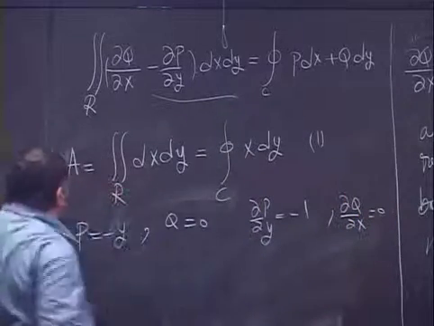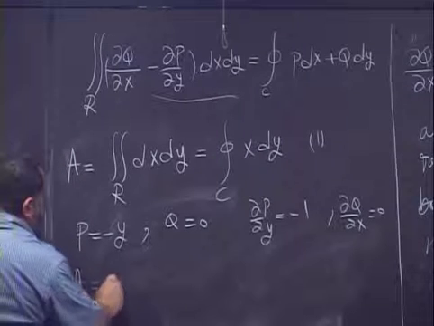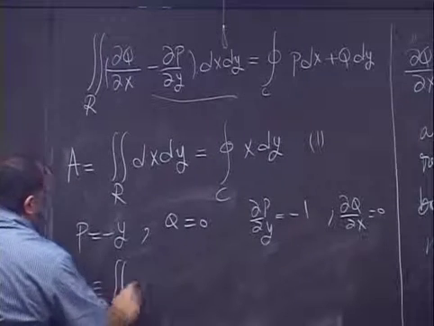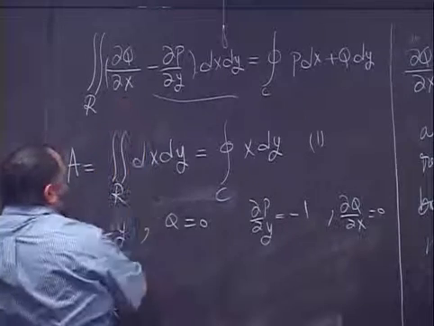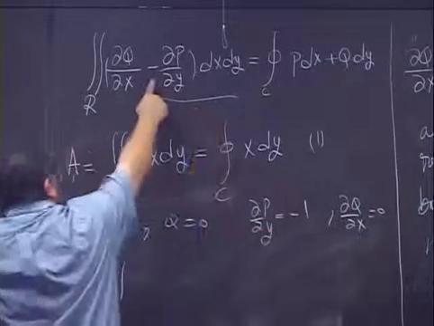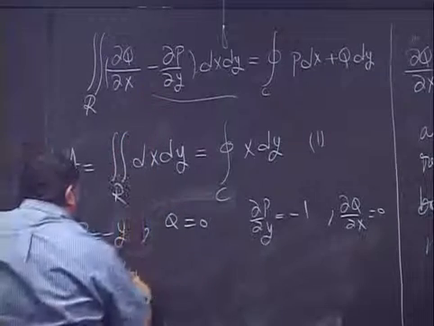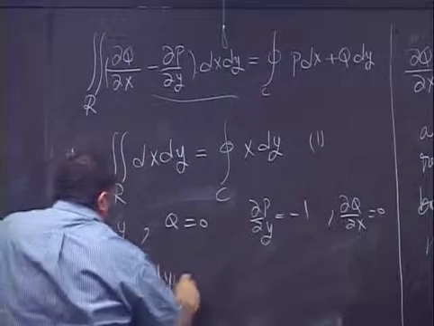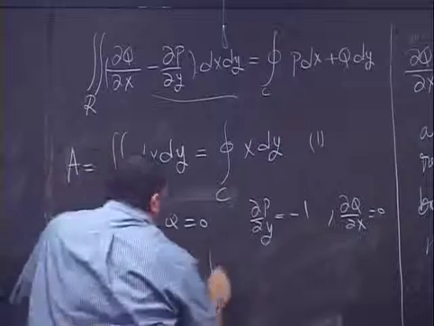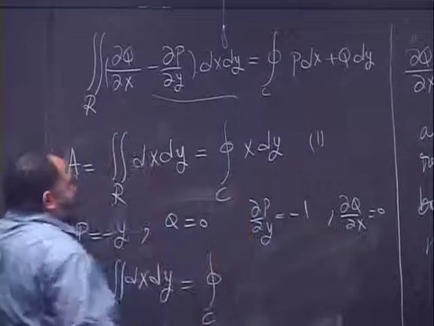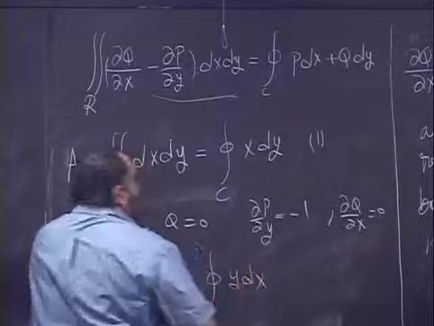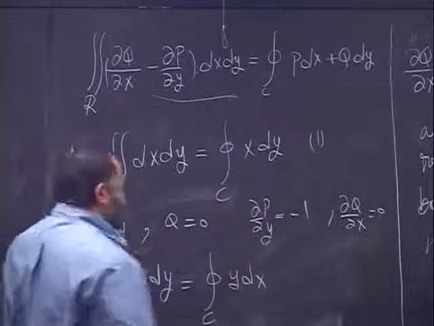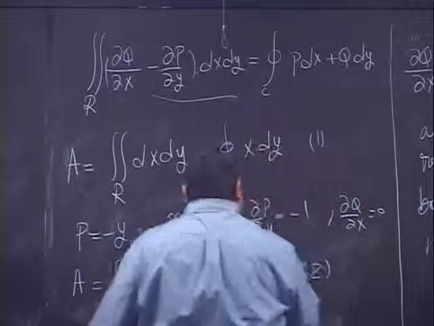So again the area is equal to the double integral over R, where dQ by dx is 0, and dP by dy is negative 1, multiplied by negative 1 is 1. So this leaves you with the definition of area. And it is equal to, what's P? Negative y dx, and Q is 0. I will call this equation 2.